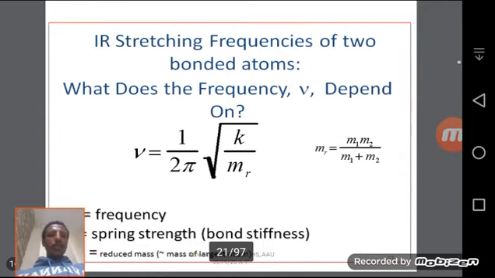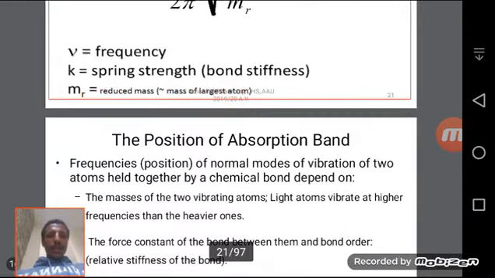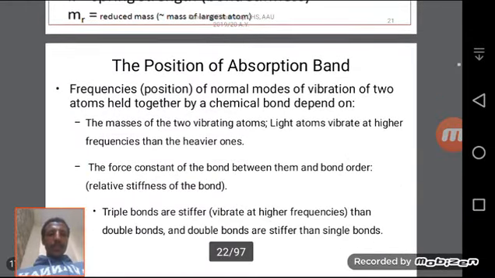What does the frequency of IR absorption depend on? The frequency or position of the normal mode of vibration of two atoms held together by a chemical bond depends on the mass of the two vibrating atoms.